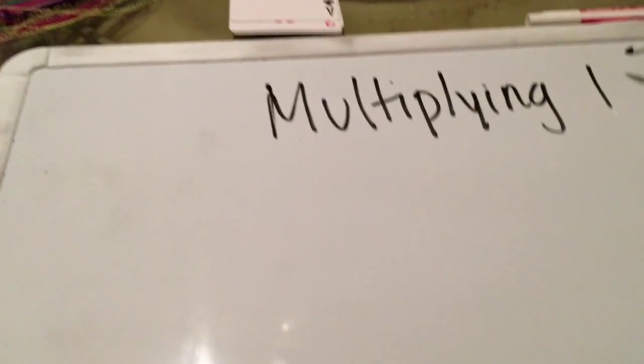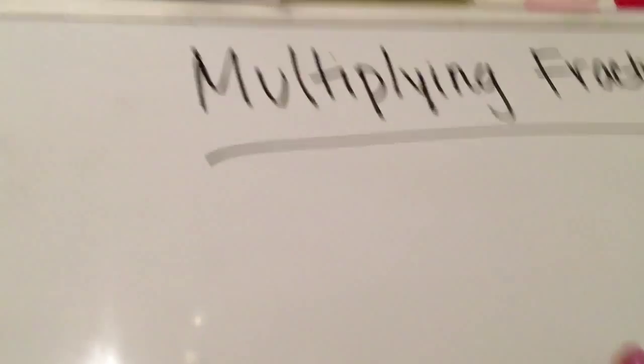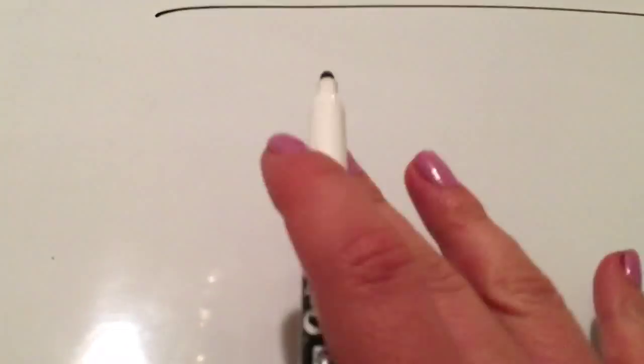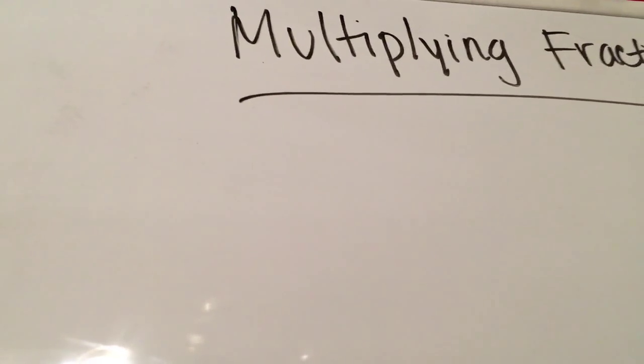Okay, so multiplying fractions is fairly easy. When we multiply fractions, it's almost like multiplying whole numbers.